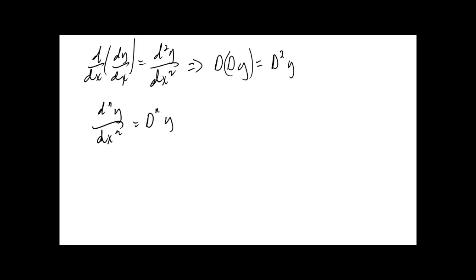Now, of course, y has to be a function you can differentiate n times. Otherwise, that doesn't make any sense. Now, you can have polynomial expressions involving D, such as this. D plus 3. What do you reckon that means? Let's say you had D plus 3 of y.